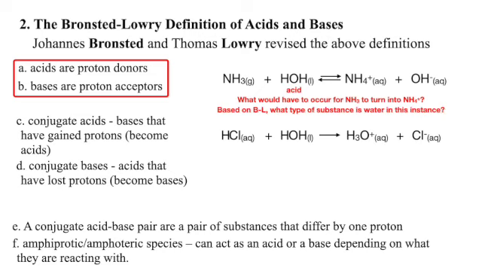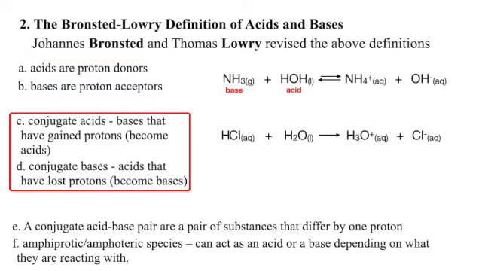In that scenario, the acid, or the thing that donated the proton, is the water, and the base is NH3. On the other side of the equation, if you're going backwards, the NH4 has to give away its H to the OH negative in order to turn back into NH3.